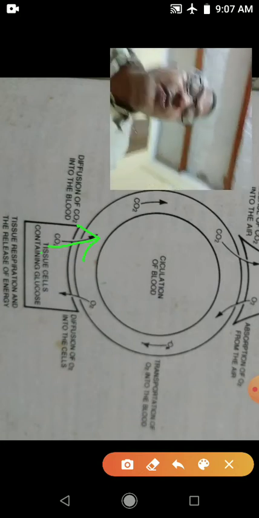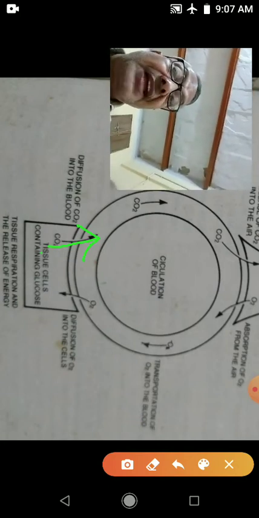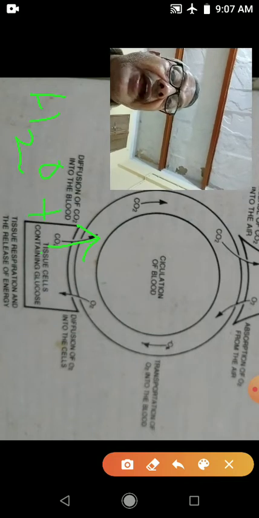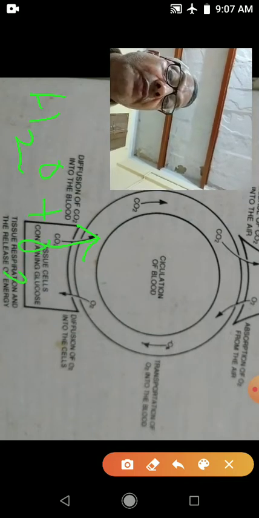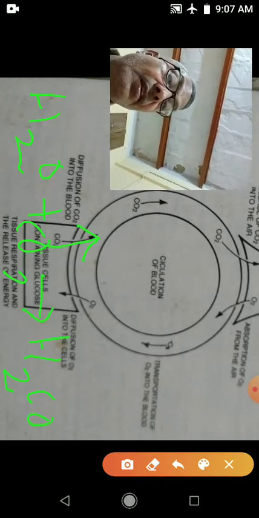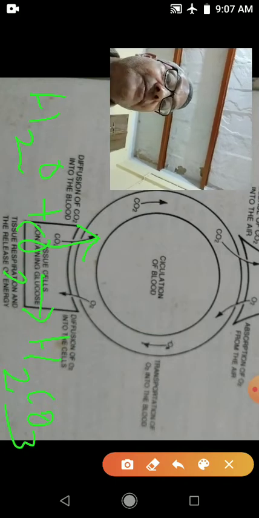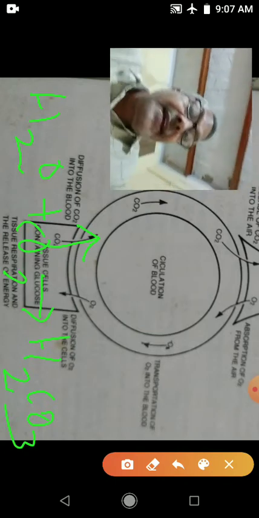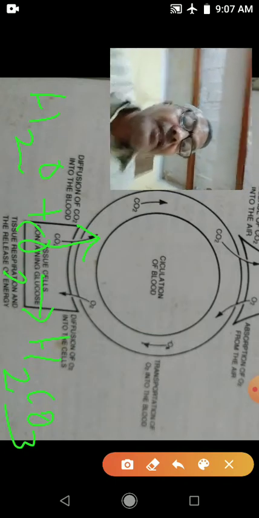So children, you have to see, in the plasma water is present and carbon dioxide dissolves in that, and then it will form carbonic acid. So in this form carbon dioxide is transported.